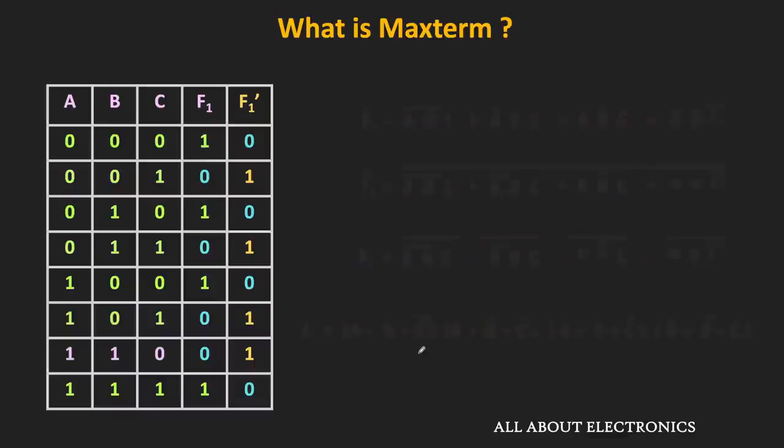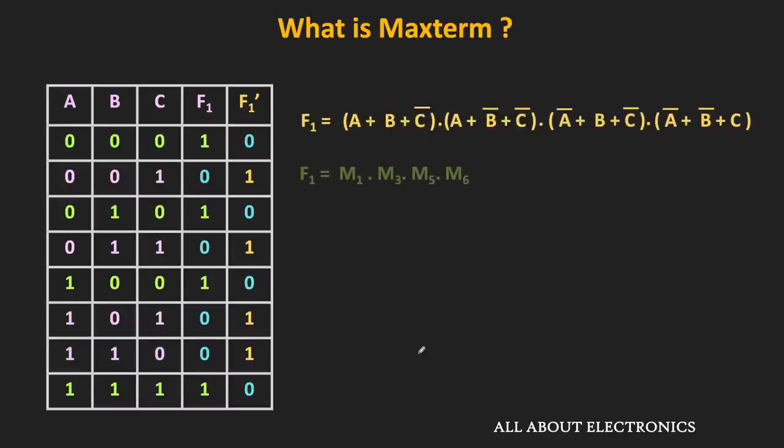So all these four combinations correspond to Maxterms M1, M3, M5 and M6. So in a simplified form, we can also write it like this, or equivalently it can also be written like this, where this pi represents the product or the logical AND operation of all Maxterms, and the numbers inside the bracket represent the corresponding Maxterms.